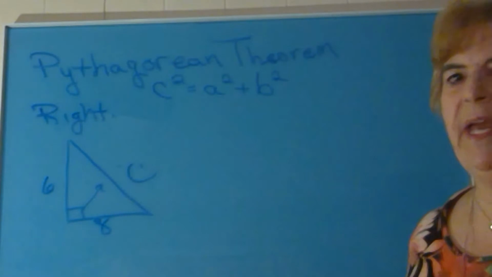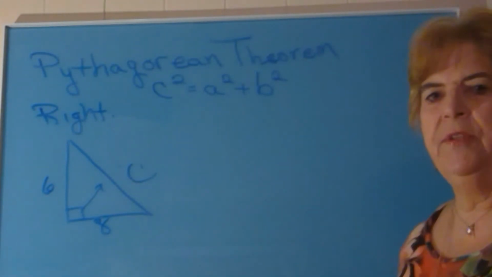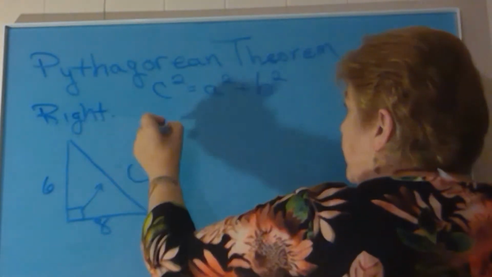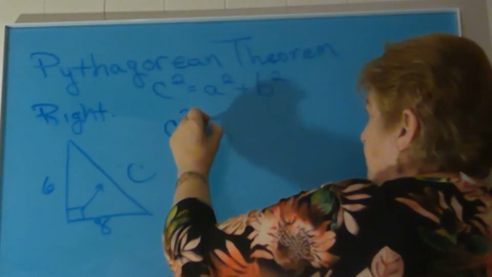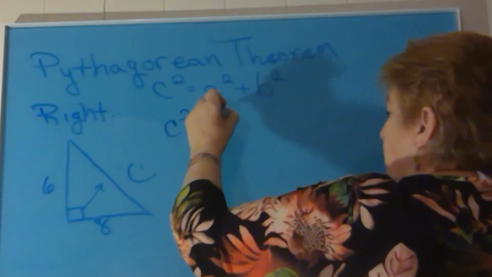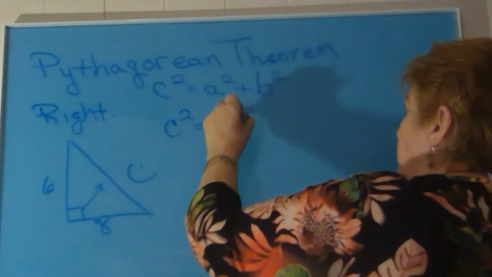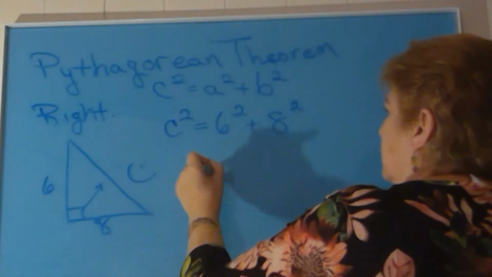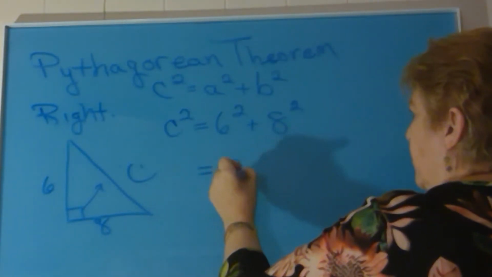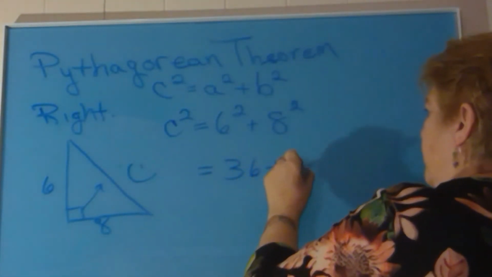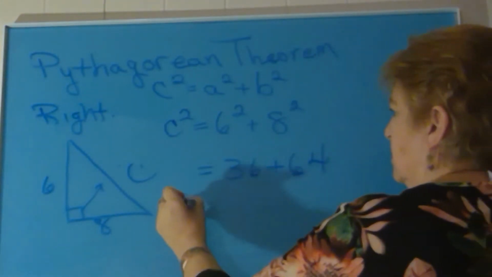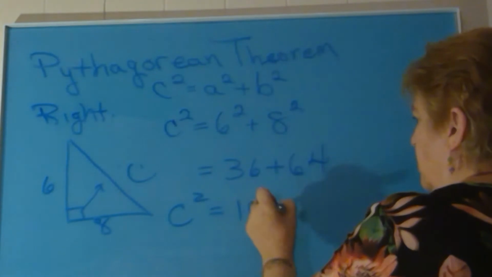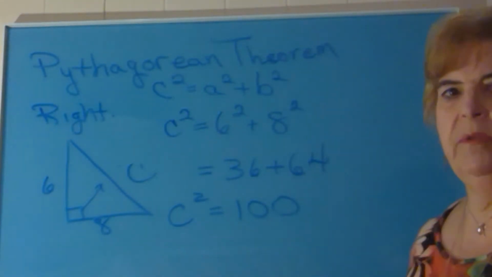Let's say you're given that the two legs are 6 and 8. To find the hypotenuse, c squared equals 6 squared plus 8 squared, or 36 plus 64. So the hypotenuse squared is equal to 100.